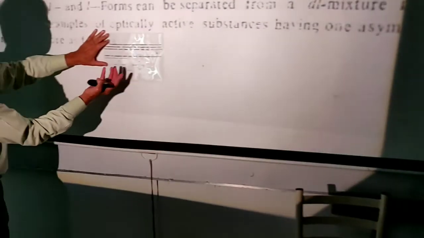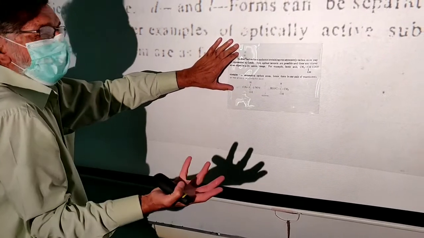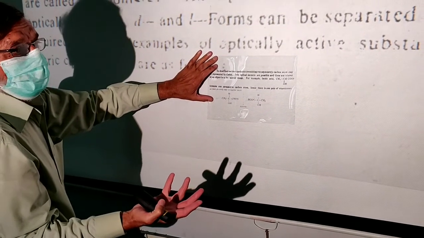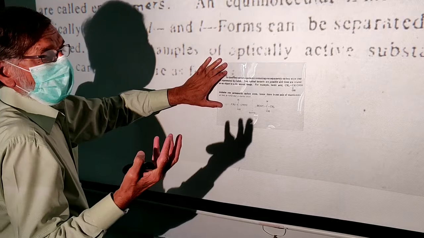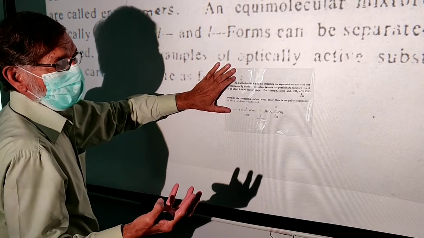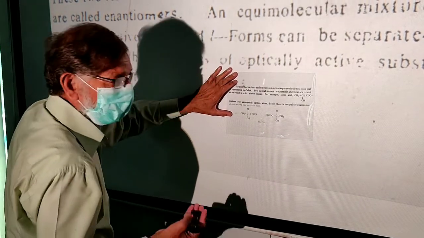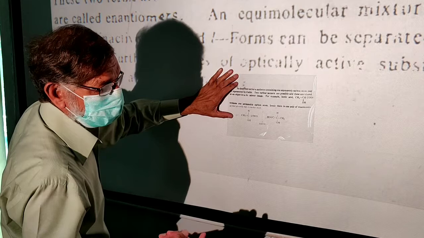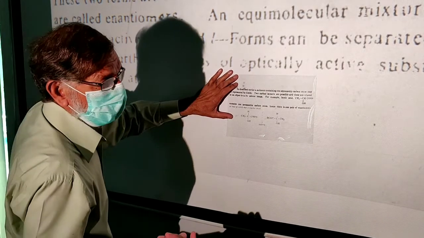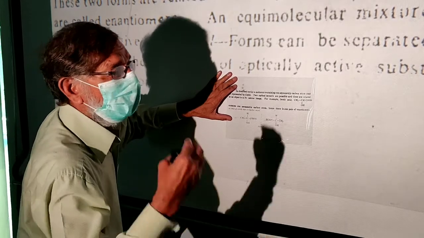Looking into it, you can see this is the simple compound lactic acid, but it exists with differences in properties, and on that basis we can form the D form of lactic acid, the L form of lactic acid, and the third form when we mix them together, which has been modified by us.